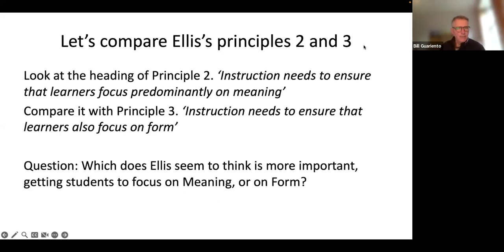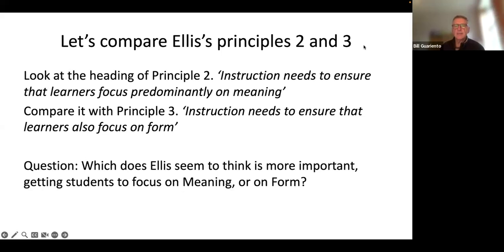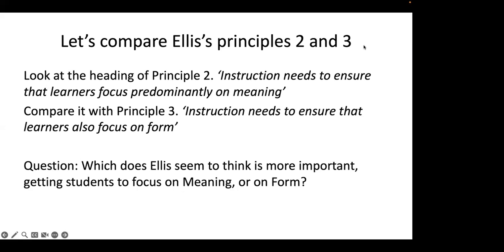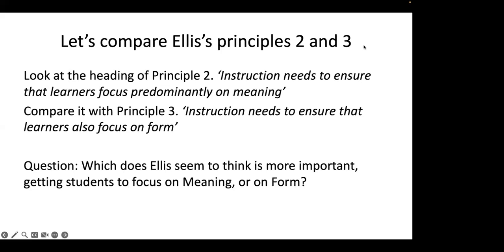Taqwa, you have your hand up. I think both, but meaning more. I agree. Ellis seems to think that maybe meaning is a bit more important. Why did you choose meaning, Taqwa? Because in principle 3, he says also focus on form. Good. And in principle 2, what does he say? Focus on meaning.